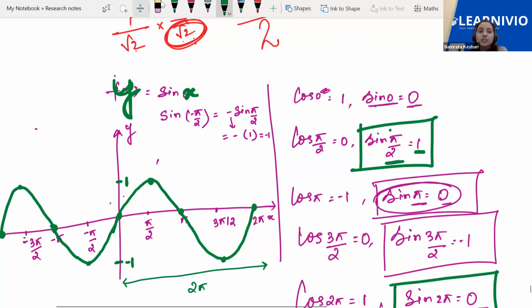Again and again we will be getting the cycle like this only. The length of this cycle is 2 pi. Can you see? It is from 0 to 2 pi. Can you see it, Ali and Alina?